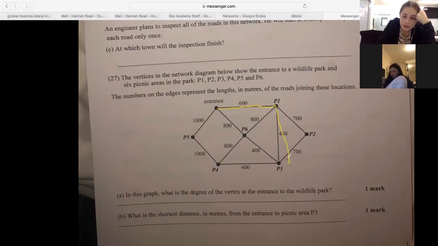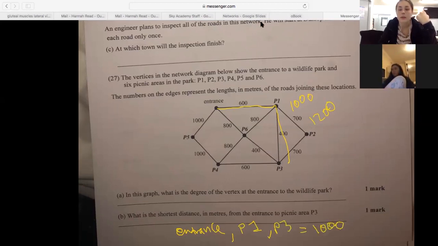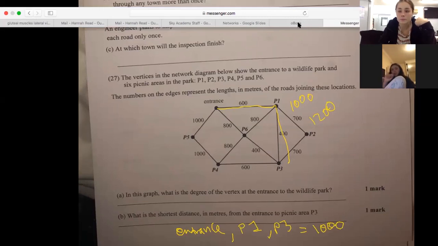Because that's 1000 instead of 1200. Any others? I don't think so. Cool. Entrance to P1 equals 1000. Okay. Should we do one more question?